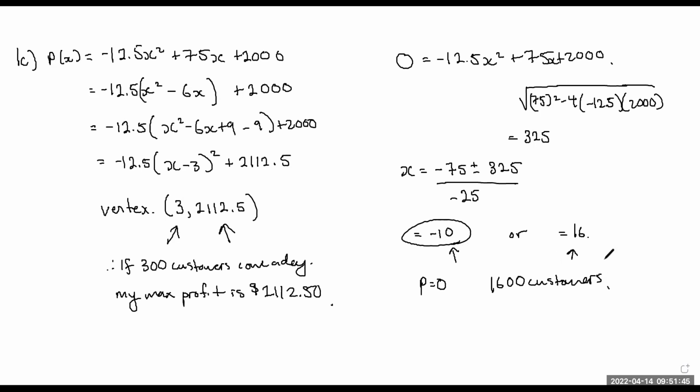Now, realistically speaking, you might think that makes no sense. And you're right, but maybe there's some kind of catch with this business model. Maybe at the bowling alley, if there's way too many people, they have to hire security guards because you can't have more than a certain number of people inside a closed building. That's a bylaw in Toronto, at least.